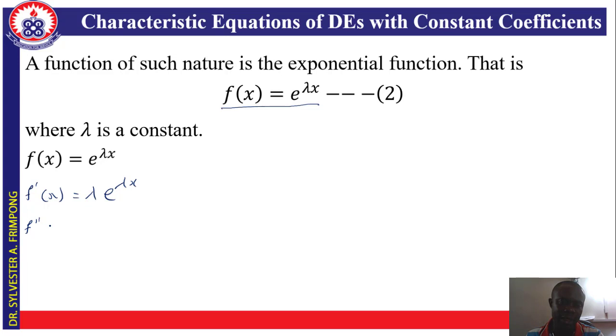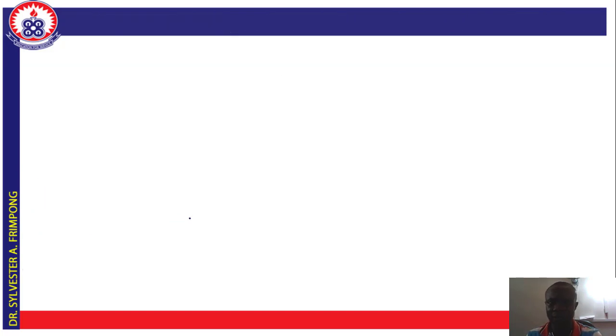If I take the second derivative, I get lambda squared e raised to the power lambda x. If I take the third, I get lambda cubed e raised to the power lambda x. So this is the type of function we are looking for.